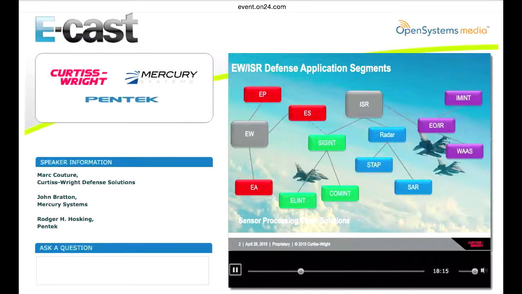advanced SAR radar. You may be combining SAR imagery with, you see WAAS there, wide area airborne surveillance data, so this is gigapixel focal plane array data from electro-optic, infrared, multiple cameras perhaps, and even combining that with an overlay, say from an ELINT system of RF emitters in the electronic order of battle.